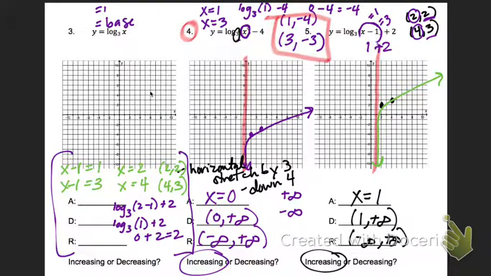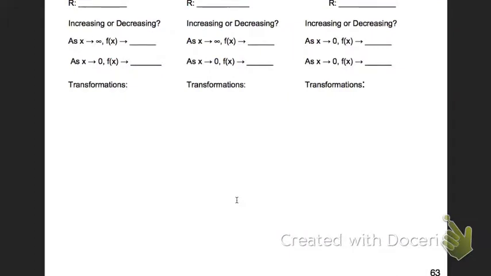Plot the points. I have a vertical asymptote at 1. Domain is 1 to infinity. Range is negative infinity to infinity. It is increasing. What I want us to do is cross this out and change it to: as x is approaching infinity, what is my y doing?